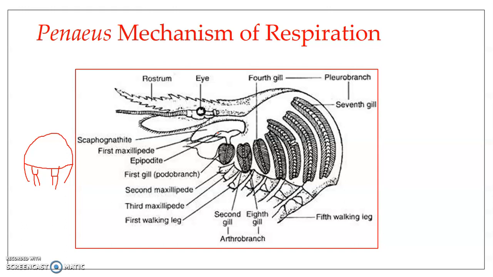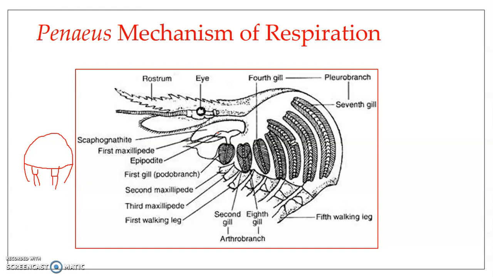That is gaseous exchange, where the oxygen in the water is taken in, and the carbon dioxide from the vessels is passed out into the water. This water, which contains more carbon dioxide, is pushed out through the posterior opening. So this is how the whole respiration is brought about.